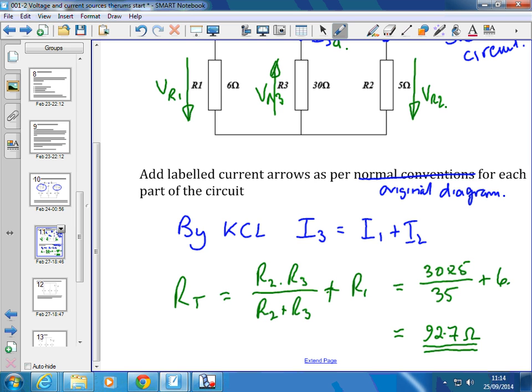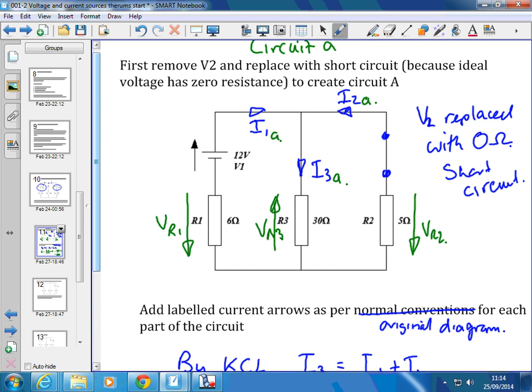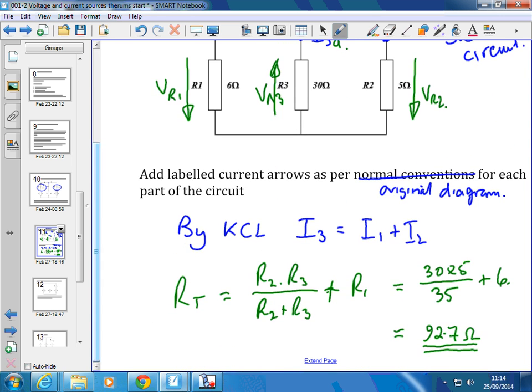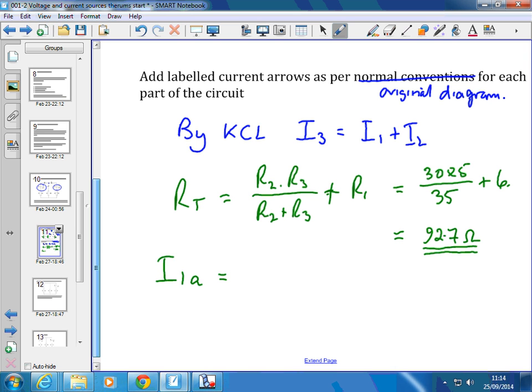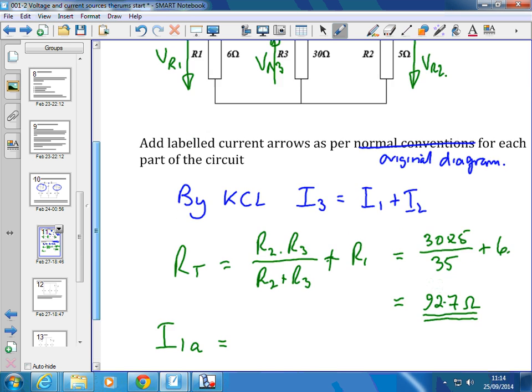Now we know the total resistance, which one of the three currents can we find? Yeah, I1A specifically. So now we can go I1A. Do you not get that, Daniel? Yeah, actually, I don't get that either. 10.28.